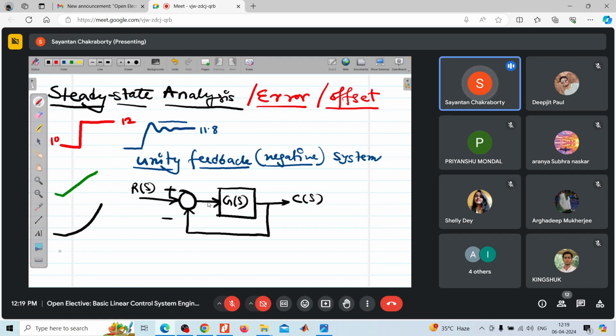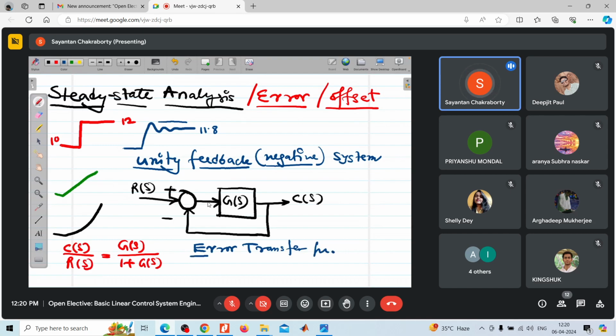Now for this, you can write down C(s)/R(s), the response transfer function, as G(s)/(1+G(s)). Now our emphasis will be on the error transfer function. What is the error transfer function? It is defined as E(s)/R(s). Now what is E(s)?